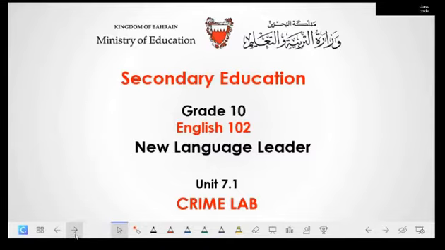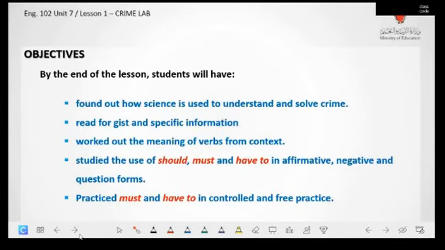So, just a reminder of our objectives. We have covered the first three objectives. We have covered them all.